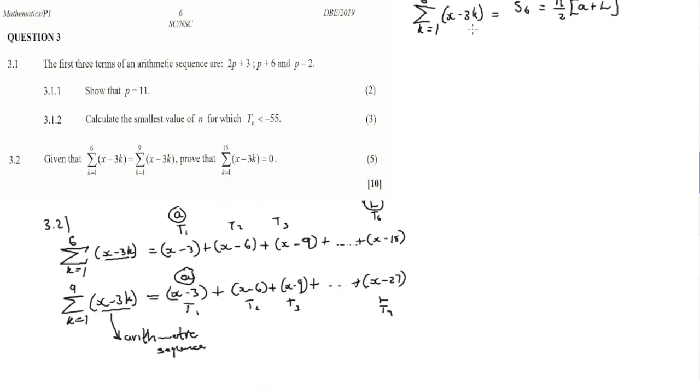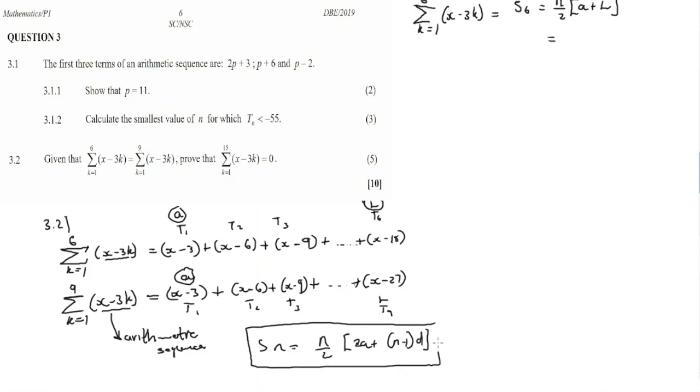Why? Because with the first term and the last term, if we were to calculate the common difference and then use the other formula, Sn is equal to n over 2 times 2a plus n minus 1 times d, you can use this formula, but you see now, you would need the common difference. Why not use this one instead? Because it's the simplest one. You see.